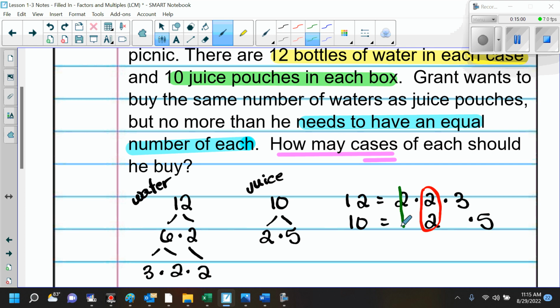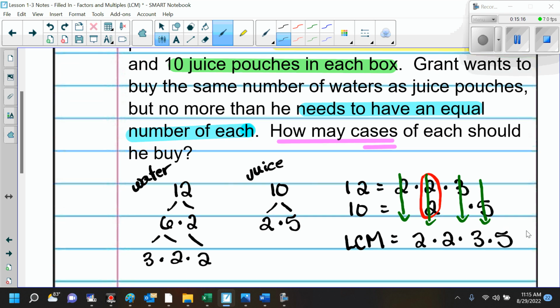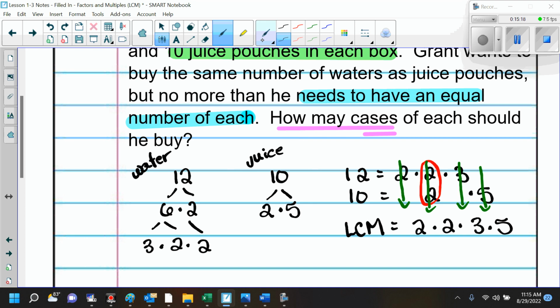And then we also want to multiply everything else. Everybody with me? So the least common multiple is 2 times 2 times 3 times 5. So 2 times 2 is 4, times 3 times 5 is 15, and 4 times 15 is 60.